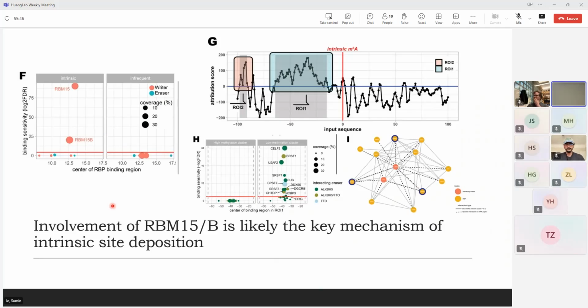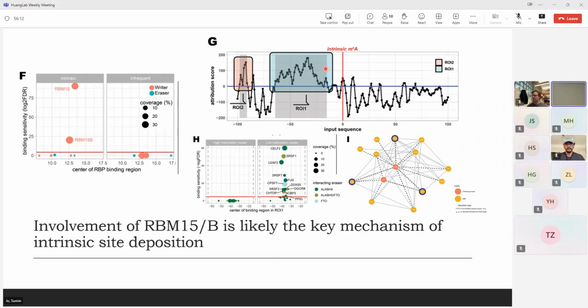So what we can see from here is that RBM15 and RBM15B likely recruit the methyl 3 and methyl 14 complex to the intrinsic sites, but not the infrequent sites. So maybe they can be methylated across all tissue types due to their help.